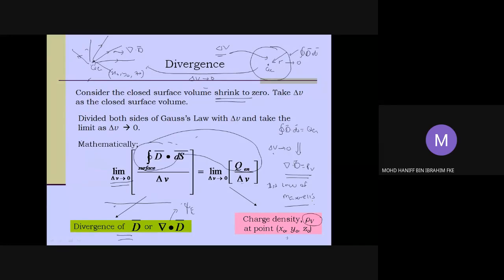We have 4 equations for Maxwell's, and this is the first one, which originates from the Gauss law, which states that the flux must originate from a charge. Without charge, we cannot have a flux. So that is our understanding of the first law of Maxwell.